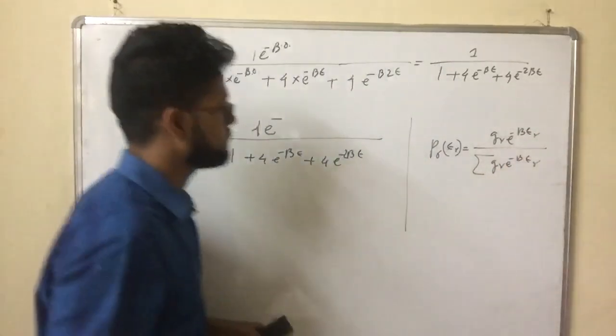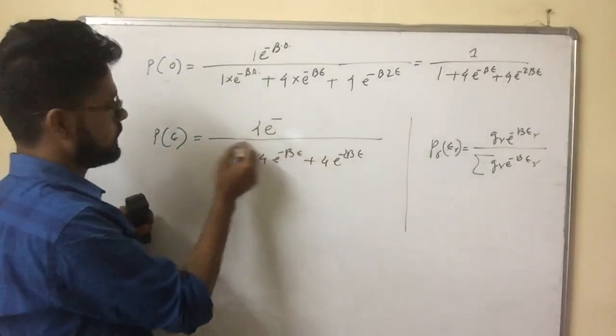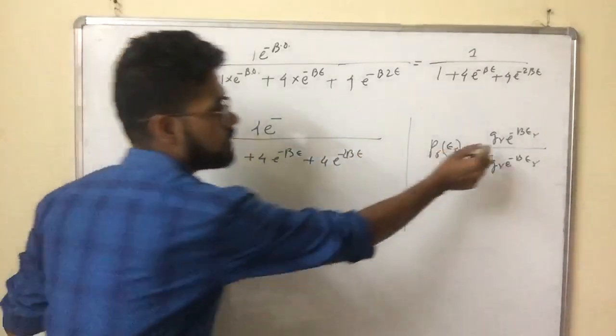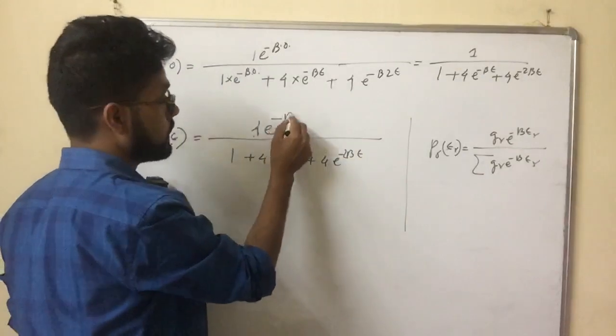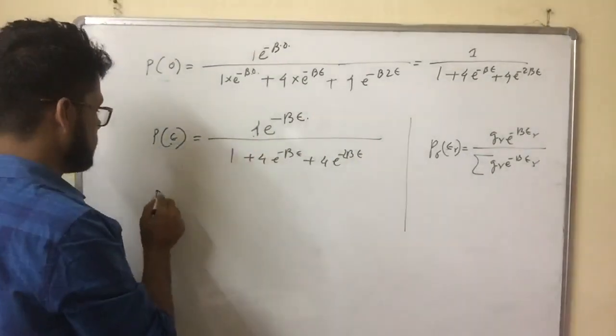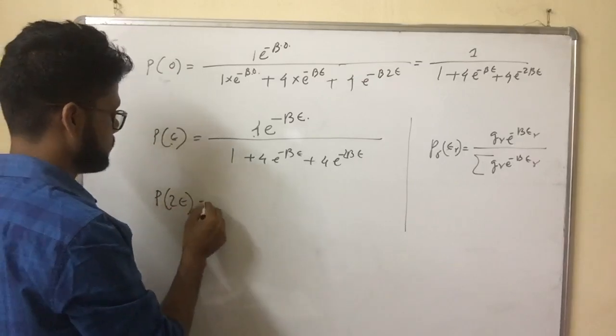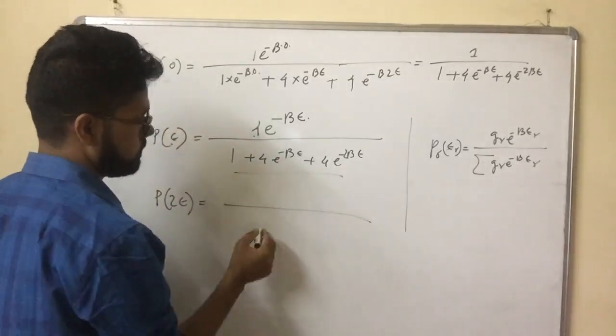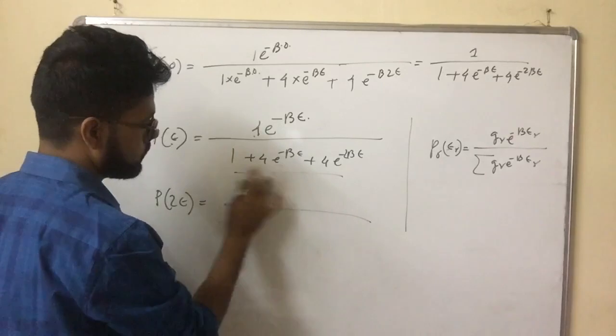This is the formula. So it will be 4. In case of E, degeneracy is 4. That's why put 4 e to the power minus beta E in the second level. And for the third level, twice E level, the denominator will remain the same. It is known as the partition function.